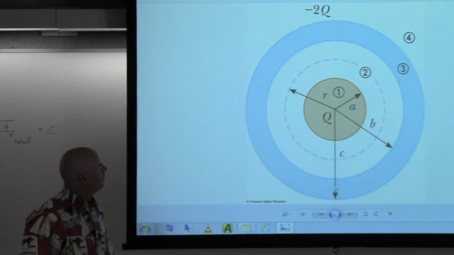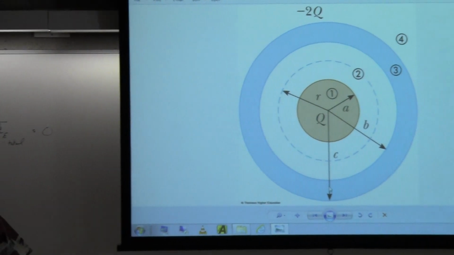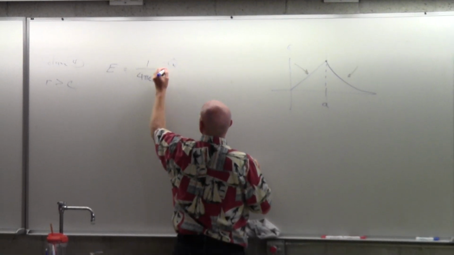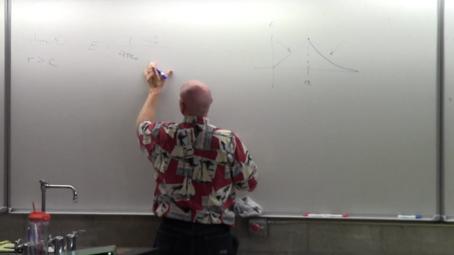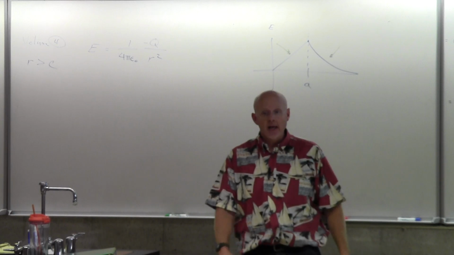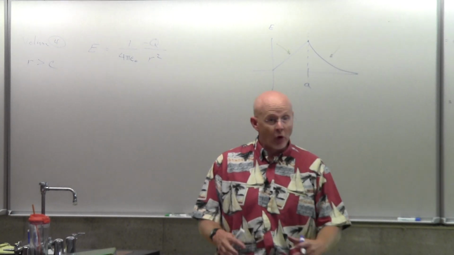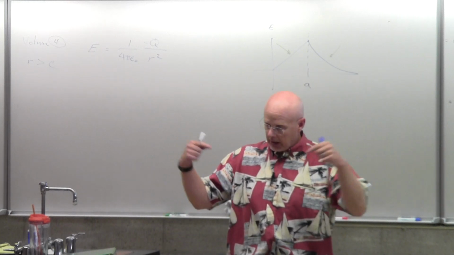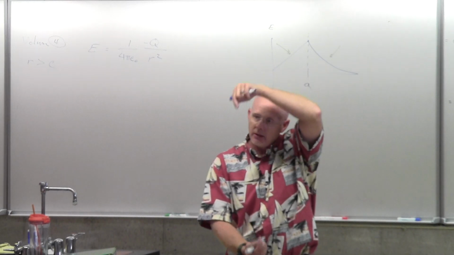So let's add them together. What is the charge total? Yeah, and so this would be a negative Q over R squared. And so again, it would look just like a ball where the total charge is now a negative Q. So the electric field would be radially inward.